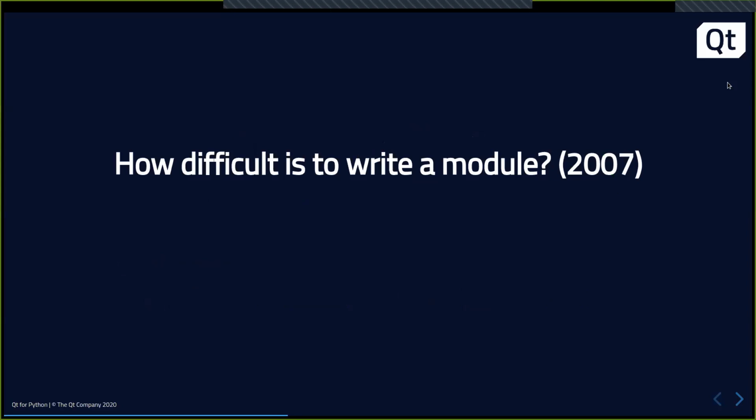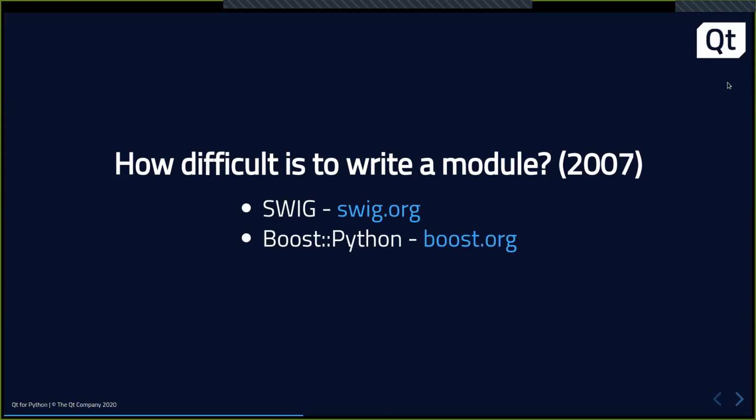So let's take a step back and think: we are starting the PySide project in 2007. Which options do we have to expose a huge framework like Qt to Python, a whole new, different language with different paradigms and ways of working? If you're familiar with generating bindings, you are aware of SWIG and Boost Python, and you also know that you can write plain C Python code to expose and generate Python modules.